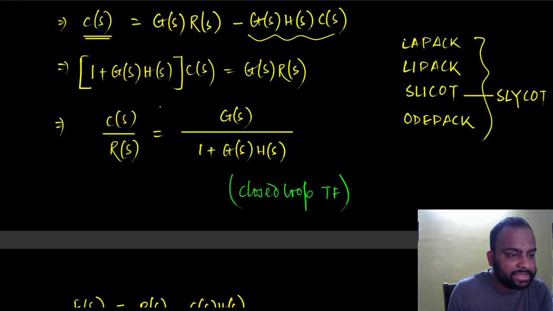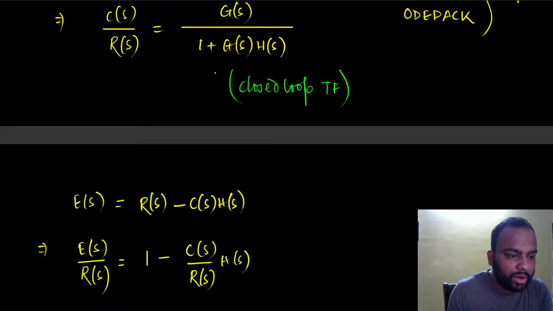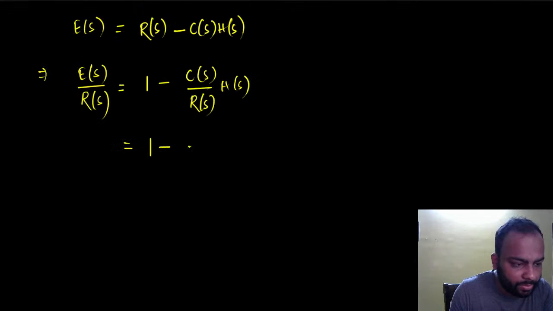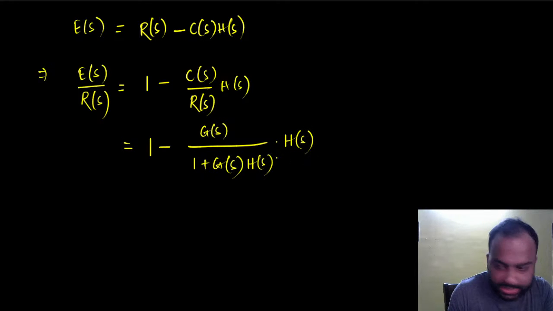We already know what C(s) by R(s) is. C(s) by R(s) is the closed loop transfer function, so that's G(s) by 1 plus G(s)H(s), and that is now multiplied with H(s).